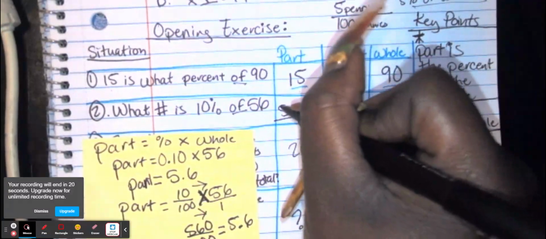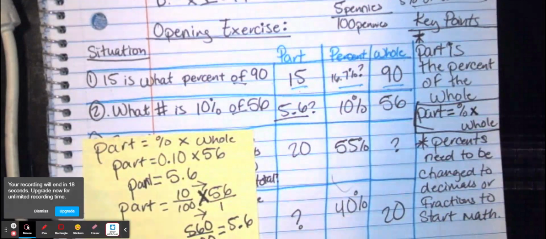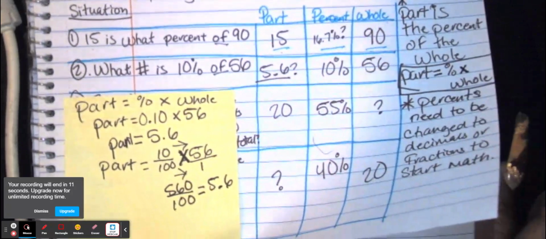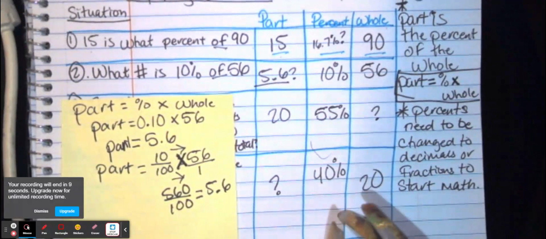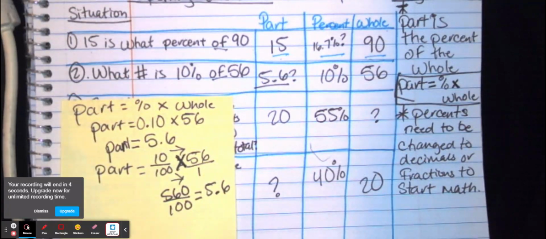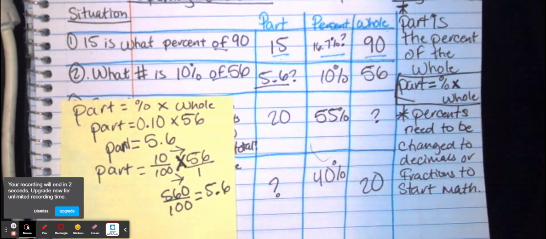So here, 5.6 is equal to 10% of 56. Simple enough? If so, go ahead and try to solve these two in a second, and then we're going to go on to the last part.